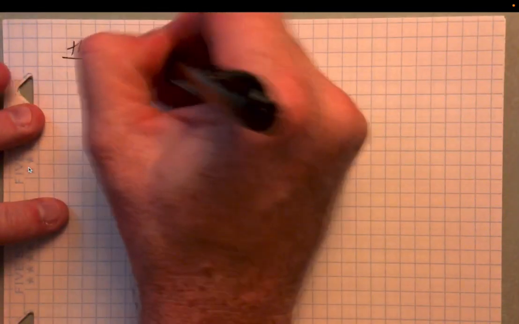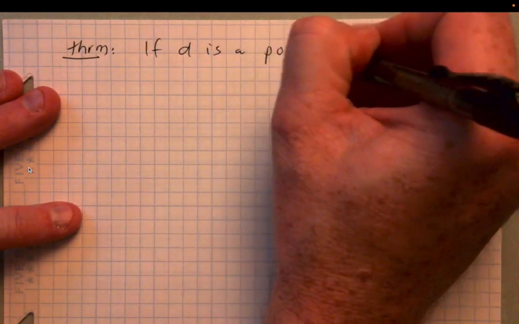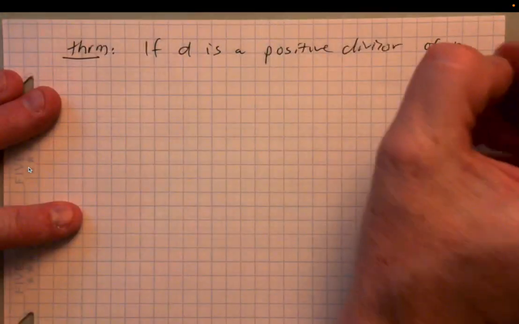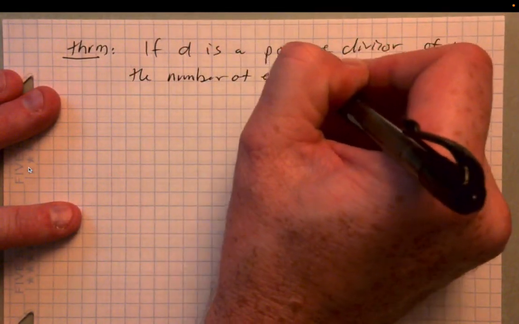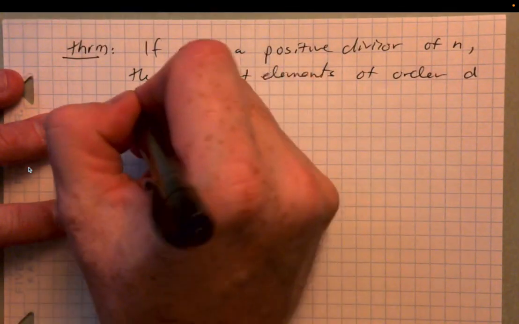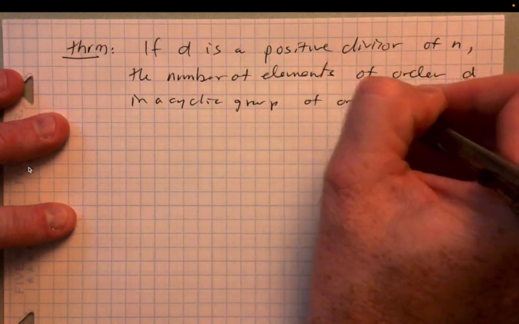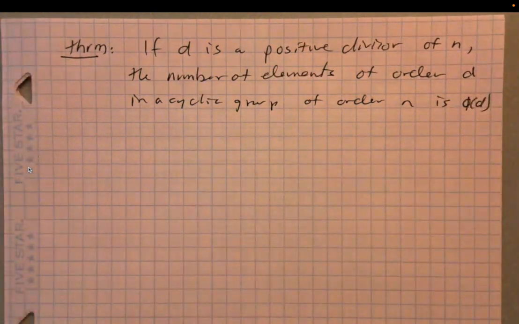So if D is a positive divisor of n, then the number of elements of order D in a cyclic group of order n is phi of D. Just basically taking our U(10) example and expanding it.